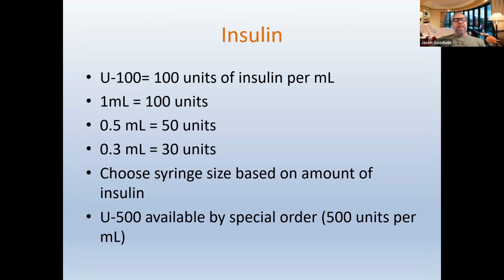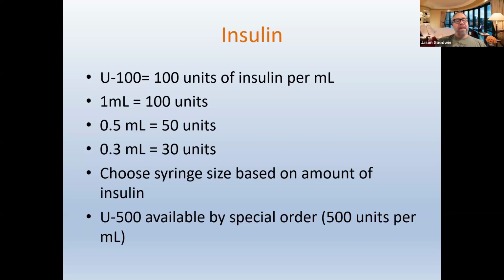And we always give insulin in units of insulin, and so that's per milliliter. It's given in an insulin syringe. Okay, so 1 milliliter is 100 units, 0.3 milliliters is 30 units. You get the idea. And you're going to choose the size based on the amount of insulin. Usually it's going to be less than 1 milliliter.